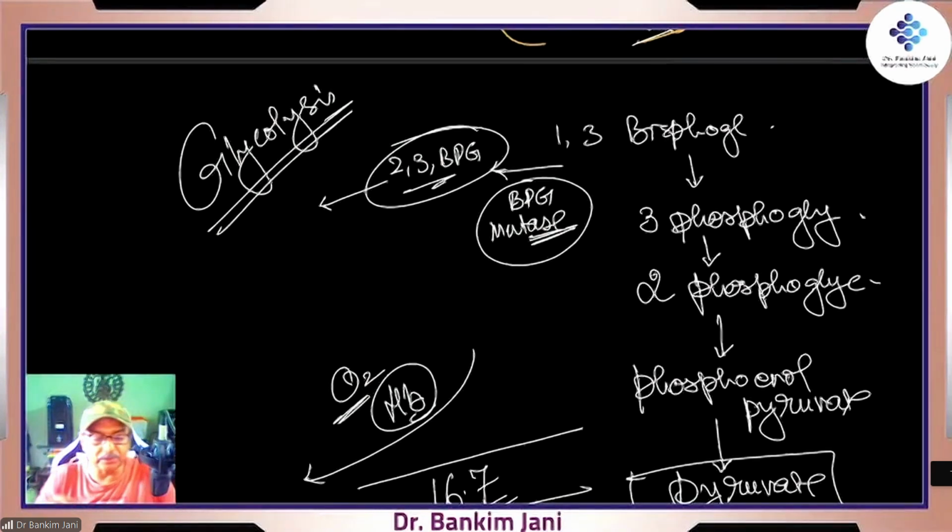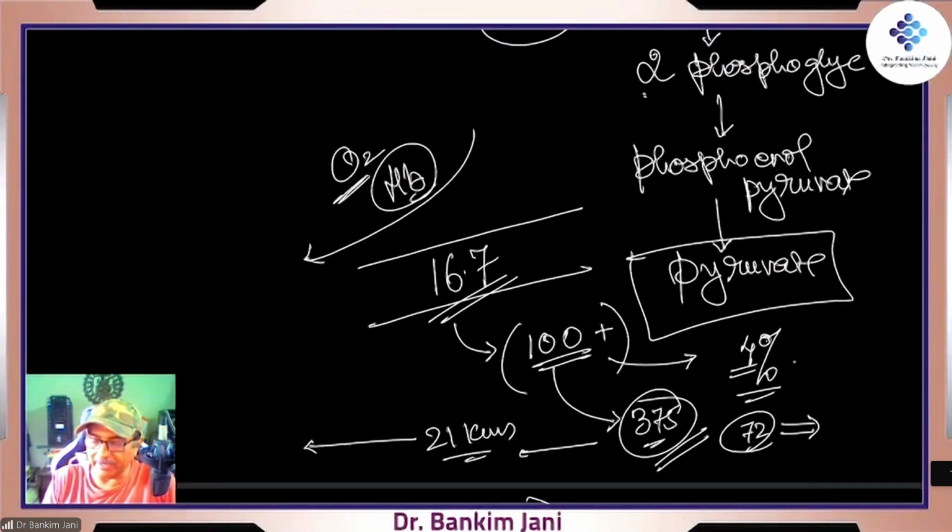And it is this 2,3 BPG which will be telling the hemoglobin to release the oxygen. Meantime, the rest of the process would continue in the form of 3-phosphoglycerate, and then it goes to 2-phosphoglycerate, phosphoenolpyruvate, and pyruvic acid, or the pyruvate. It is the pyruvate which is giving the energy.